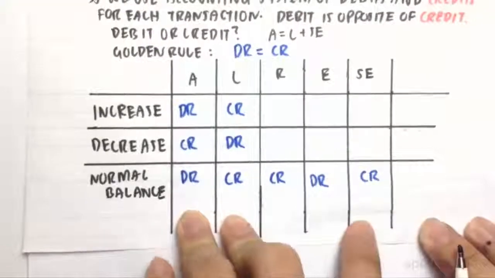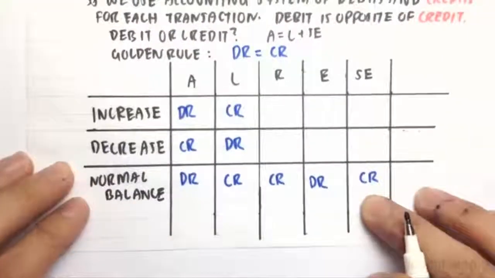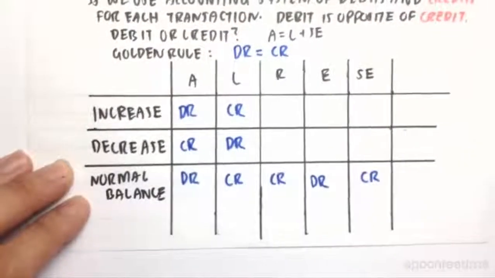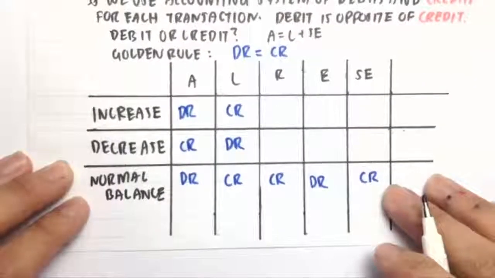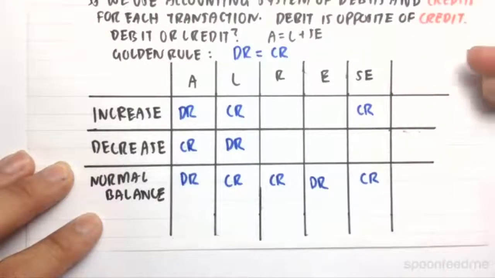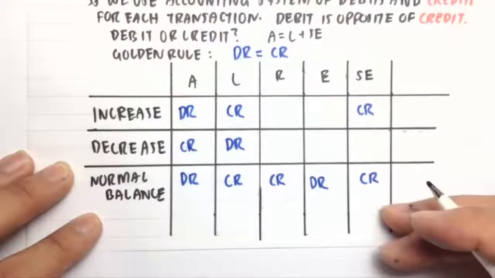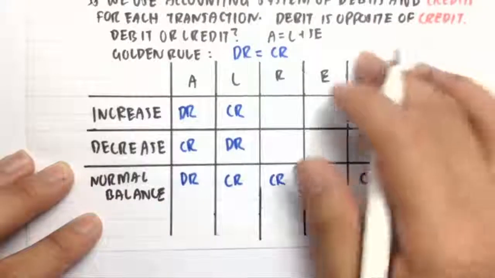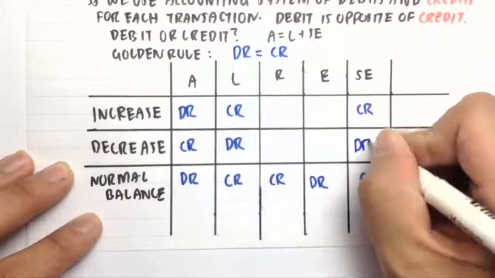Okay, then if we move to shareholders' equity, if there is an increase in shareholders' equity, we have a credit in order to increase that credit balance. However, to decrease the credit balance of our shareholders' equity, we need to use the opposite sign, so a debit.